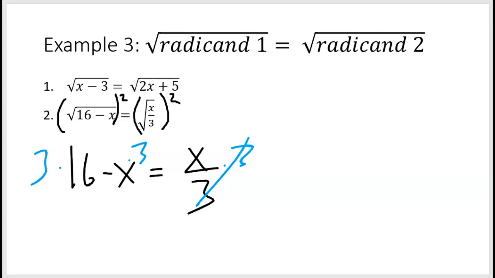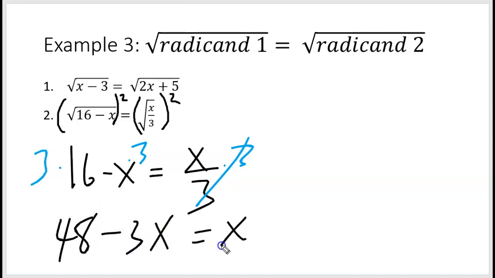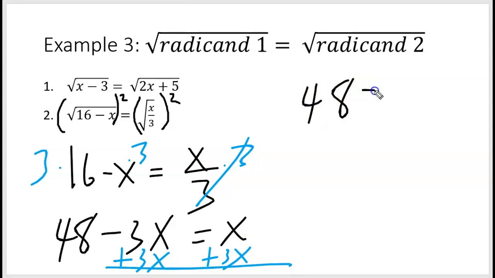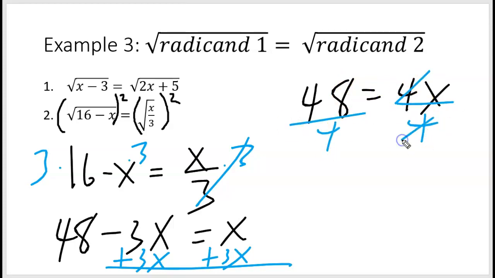So we end up with a total of 48 minus 3x equals x. Then I'm going to add the 3x on both sides, which leaves me with 48 equals 4x. And then I divide, and I end up with x equals 12.